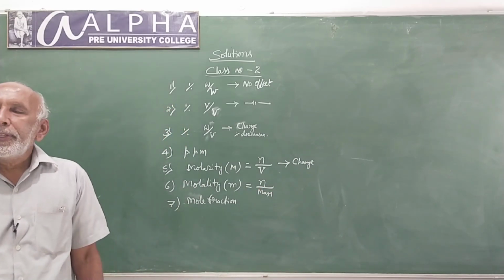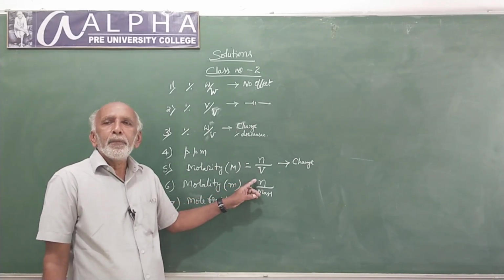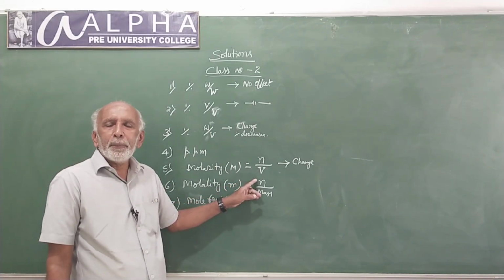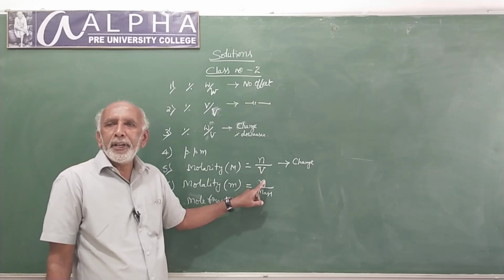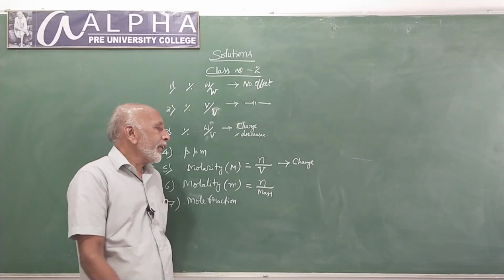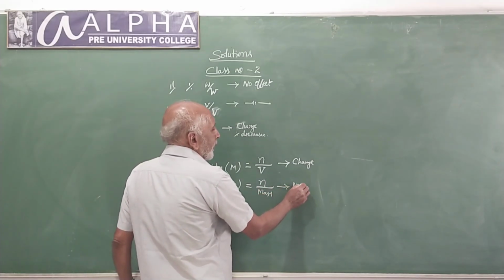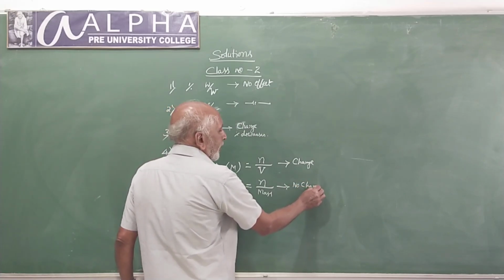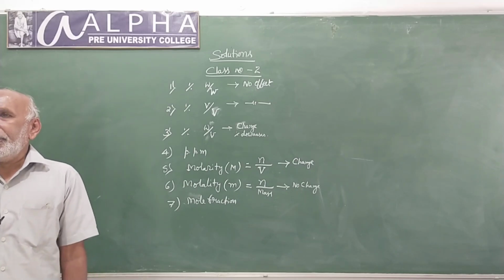Number of moles once again contains only the mass term. Number of moles is equal to mass of substance divided by its molar mass. So here there is no volume term, therefore no change. On change of temperature, molality of solution does not change.